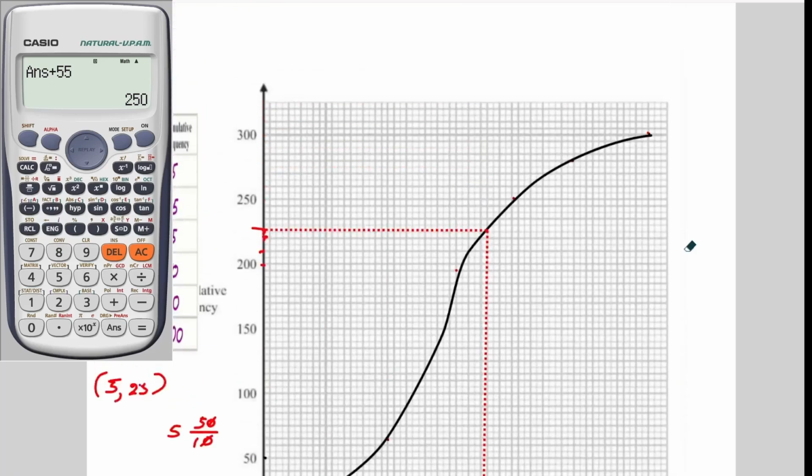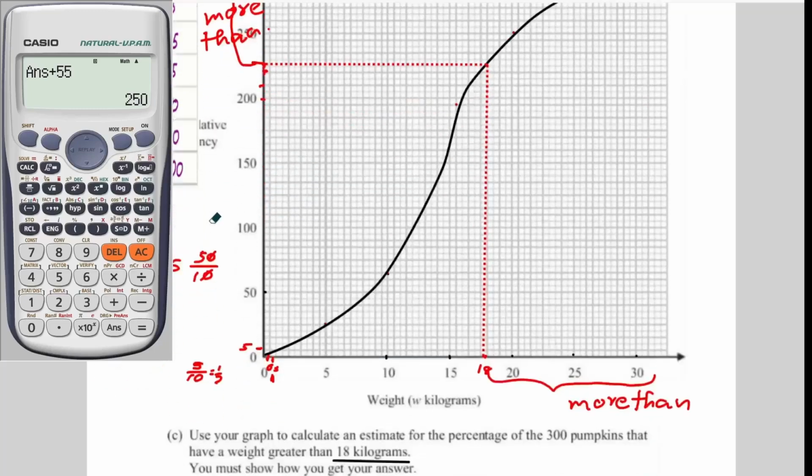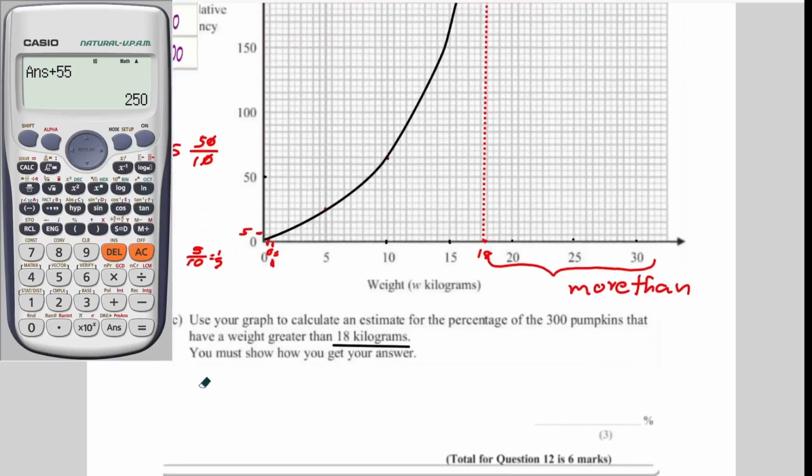To get more than, you need to take all the way this part. So remember, to get more than, always take this reading. To represent more than, 300 minus 220, which means 80.